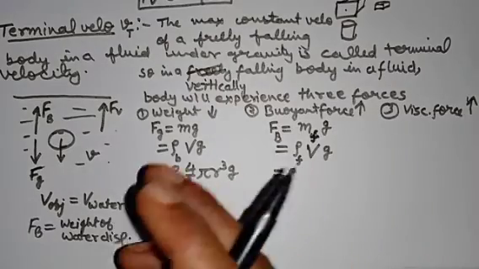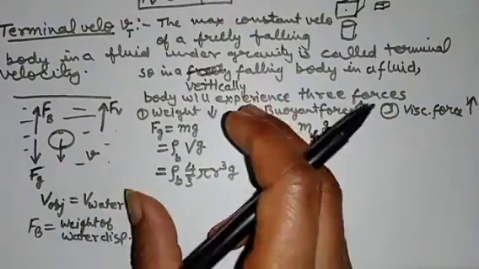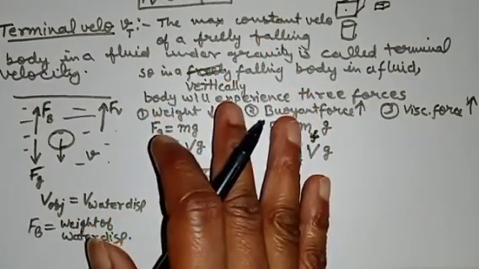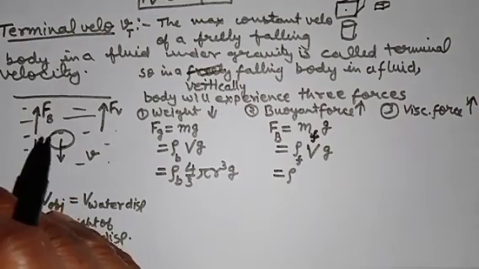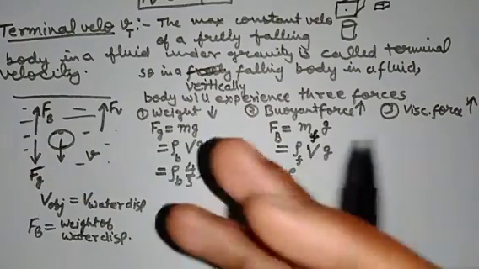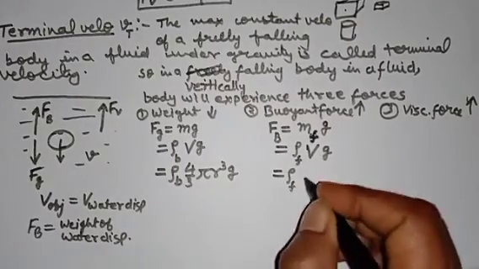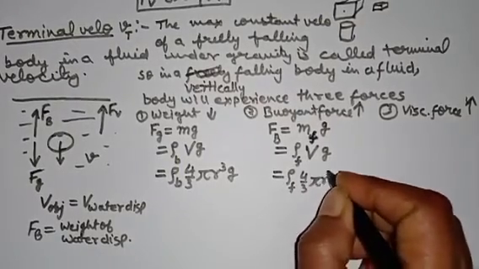Once again I repeat, if I have a ball and I immerse it into some fluid, then the displaced fluid will have volume same as the volume of that ball. So that is why V is on both sides, 4/3 pi r cube g.